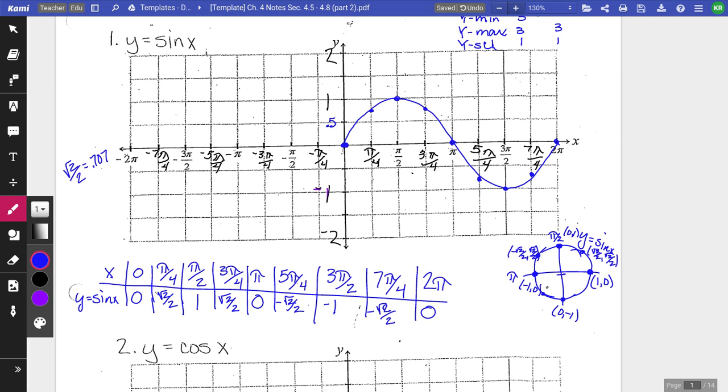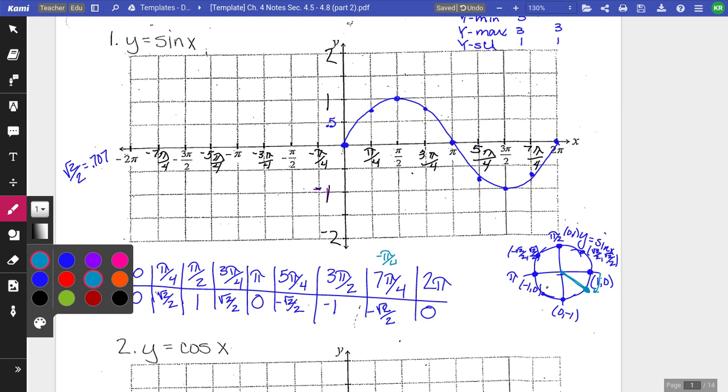Now as far as going negative, take negative pi over 4. Let's maybe use a different color. Negative would be going clockwise around your circle. So right here would be negative pi over 4, which is the same as 7 pi over 4.